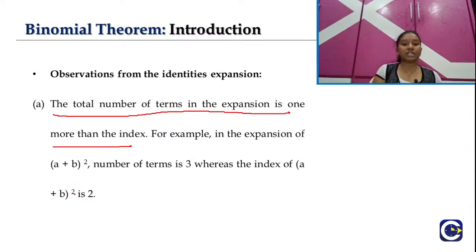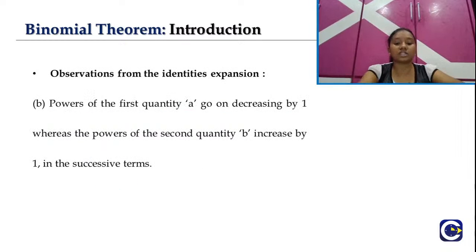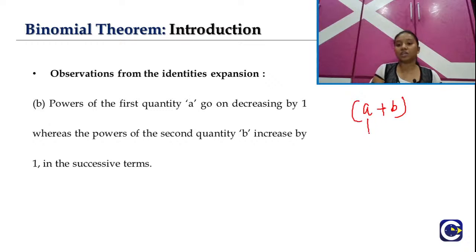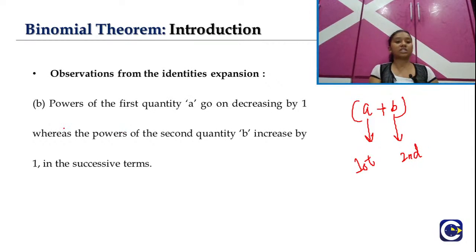Right, so we have already seen the examples in our identities. Let's see what the second observation is. The second observation is about the powers of the first quantity, that is a, because we'll be writing the identities as a plus b. So this a will be the first quantity and this b becomes the second quantity here. What is the observation?